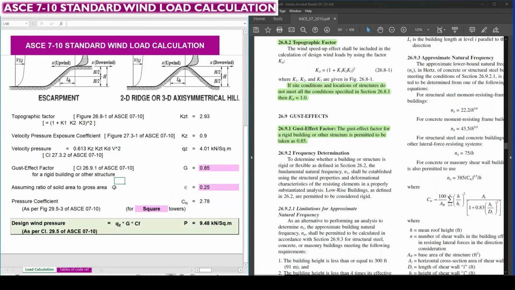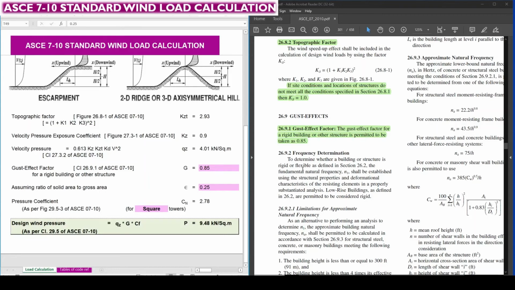That is the net area exposed to wind. So net area exposed to wind divided by gross area will give you the solid ratio. As we are not having any structure model in this calculation, we are just assuming this solid ratio is 0.25.